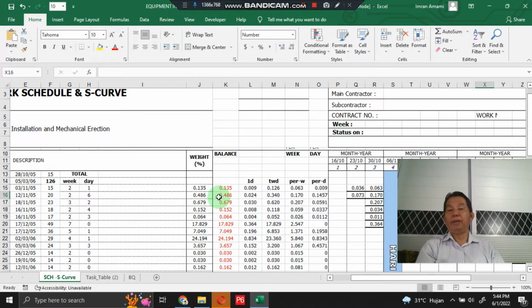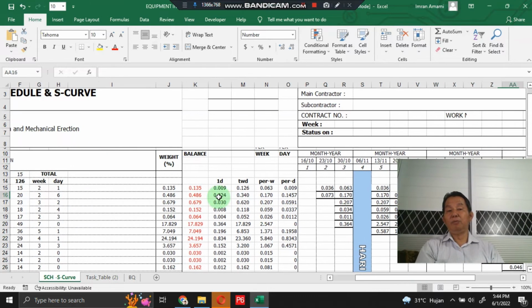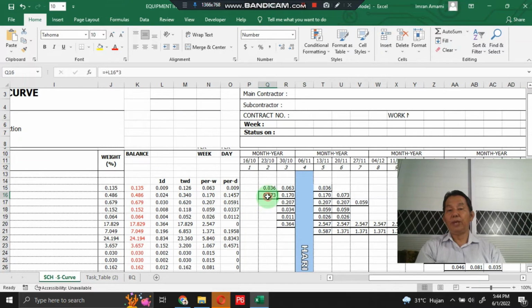We will make a line from week 2310 till 2311. Next we enter only 3 days here. One week here, one week here, and the remaining is 3 days here. And so on. The same applies also to the other cells in this section.